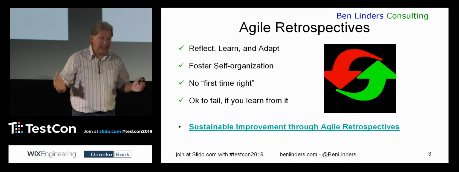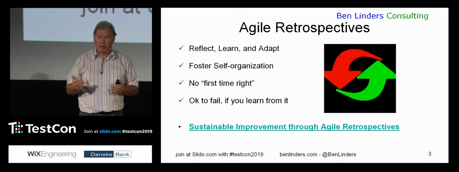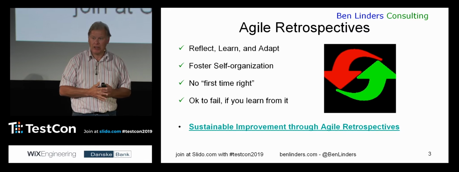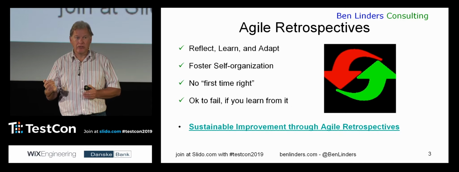The whole idea behind Agile, and that's where Agile methods were really a different thing compared to all the frameworks and all the stuff that was out there previously, is that the basic assumption is that you won't be doing it right the first time. You might not even be doing it right the second time.